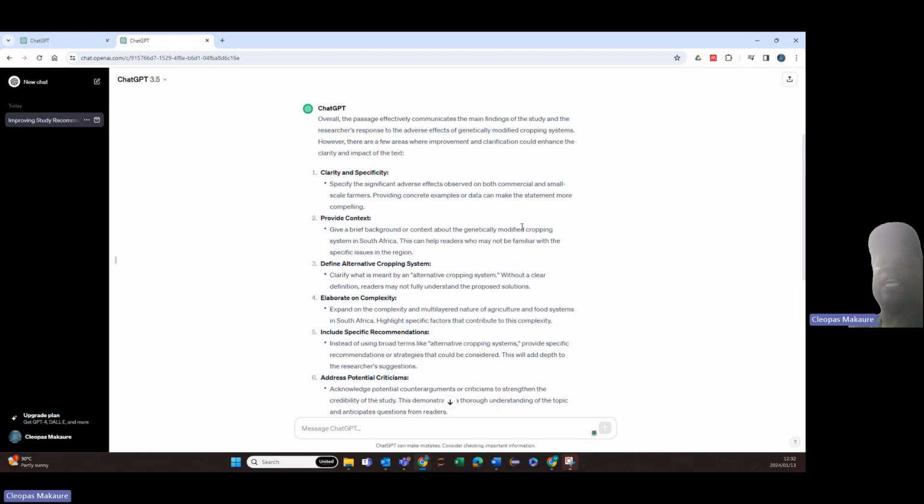So the first thing that it has now suggested to me is clarity and specificity. It is asking me to specify the significant adverse or harmful effects observed by both commercial and small-scale farmers. It has discovered that there is no evidence, there are no concrete examples or data to make the statement more compelling.